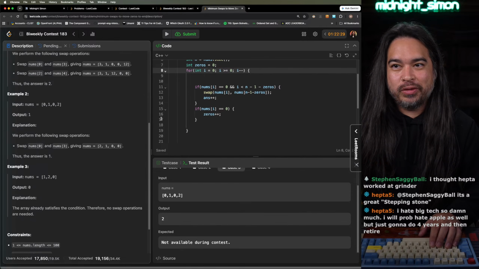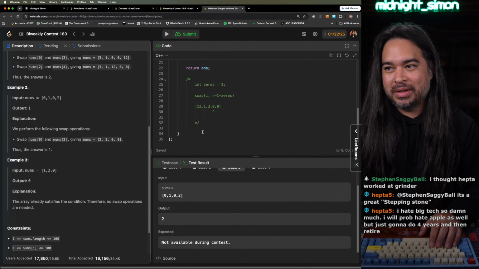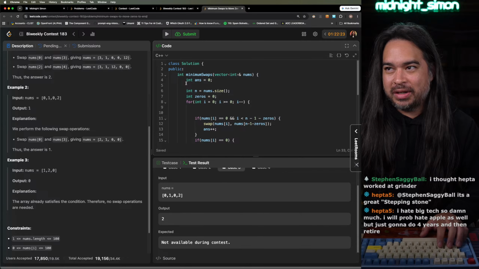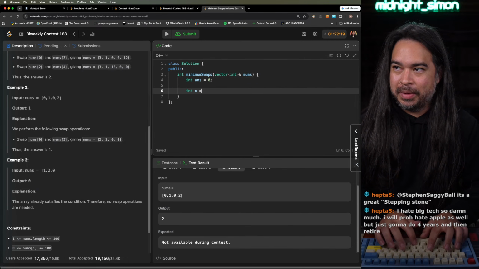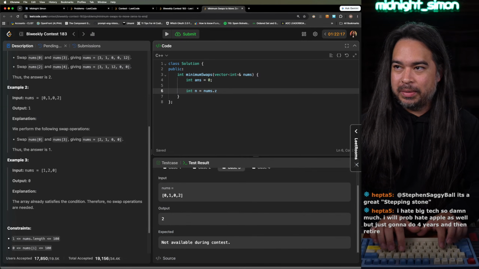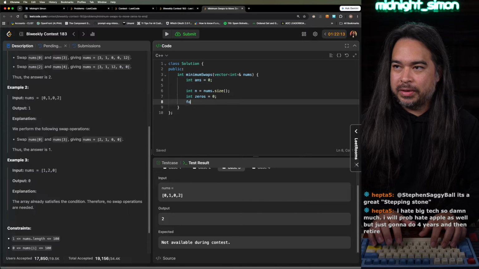I think I'm overcomplicating it, man. I'm gonna do something easier because I already got a wrong answer and I don't want to get embarrassed anymore. So I'm just gonna count the zeros.